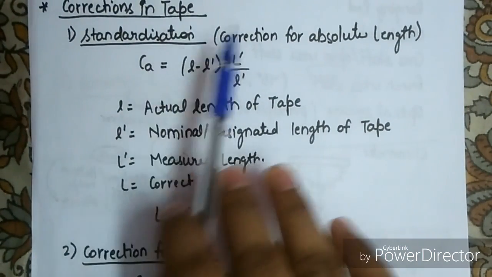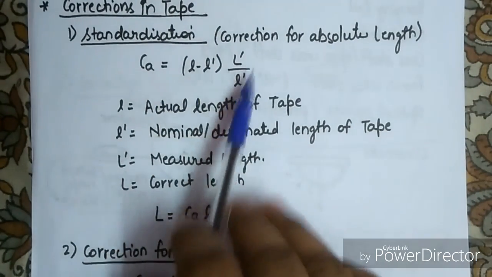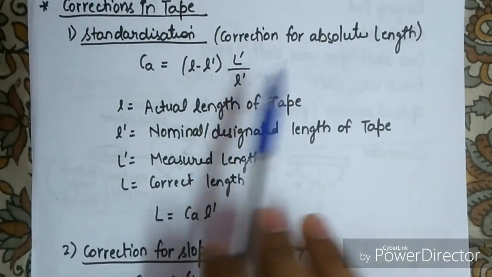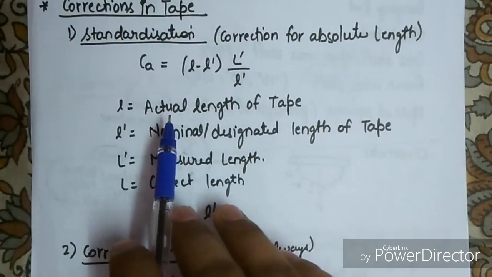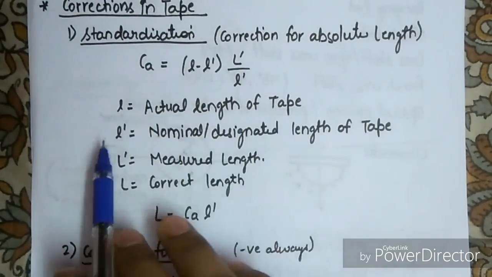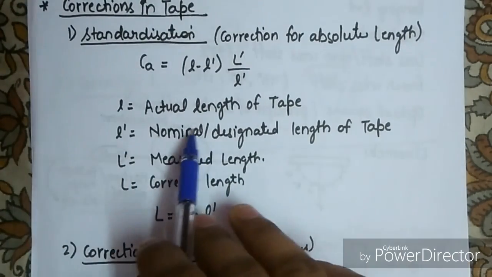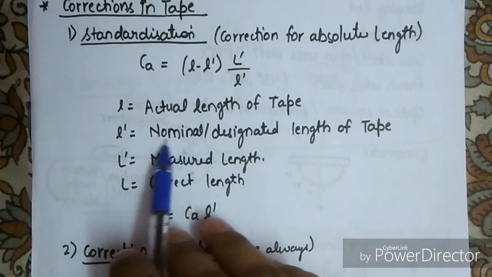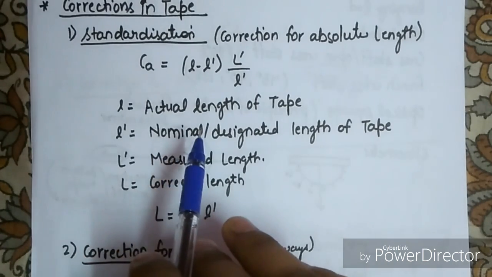Correction due to standardization is the correction for absolute length. Ca equals (L minus L dash) into L dash upon L, where small L is the actual length of the tape and L dash is the nominal or designated length of the tape. This is what we have seen at the moment, that the tape is either reduced in size or elongated in size.